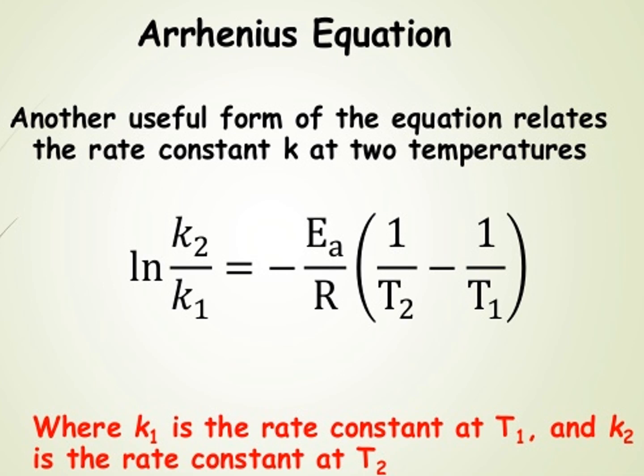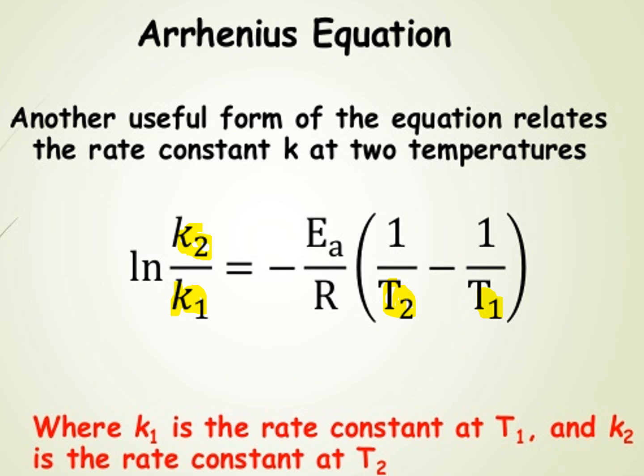So if you perform two experiments at two different temperatures, at T1 you would have a kinetic constant equal to K1, and then you increase the temperature to T2, and you would get a faster reaction, so K2 is going to be bigger than K1, and T2 is going to be bigger than T1.